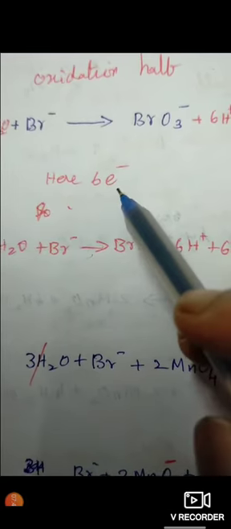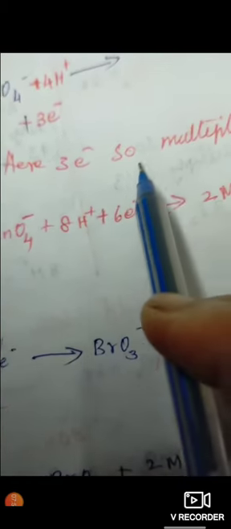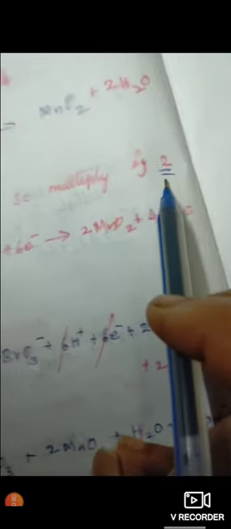Now we have to multiply by 3, because here 6 electrons, here 3 electrons. So we multiply this reduction equation by 2.